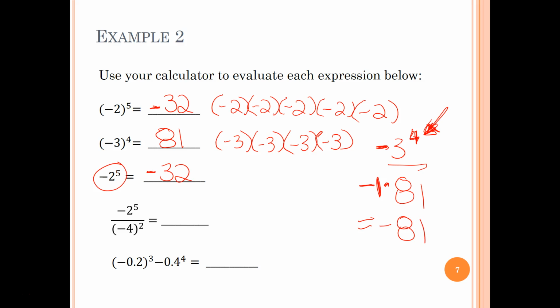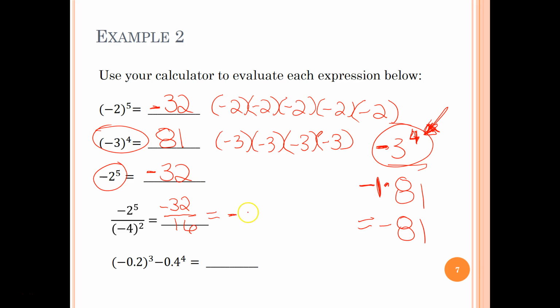So now try the next one in your calculator. What you should receive is -2, since -2 to the 5th gives us -32. And using your set of parentheses here, now you can see the importance of not using them and using them. It's the difference in sign of your value. -4 squared gives you a positive 16.